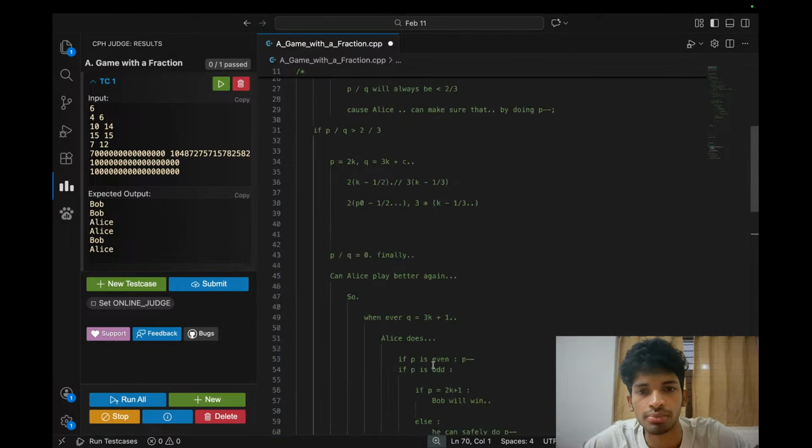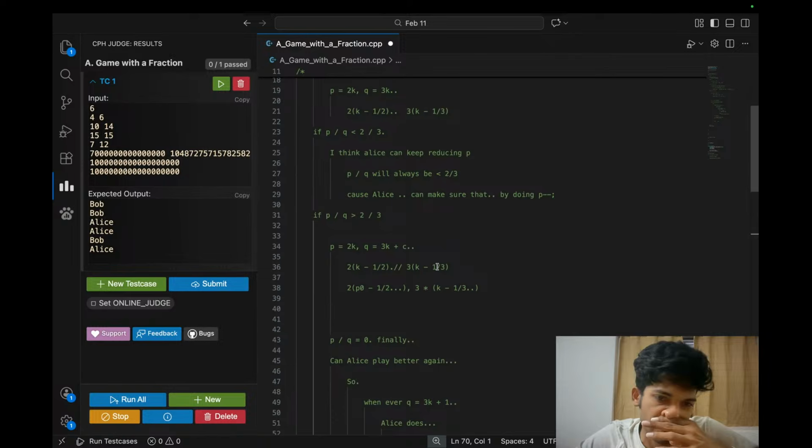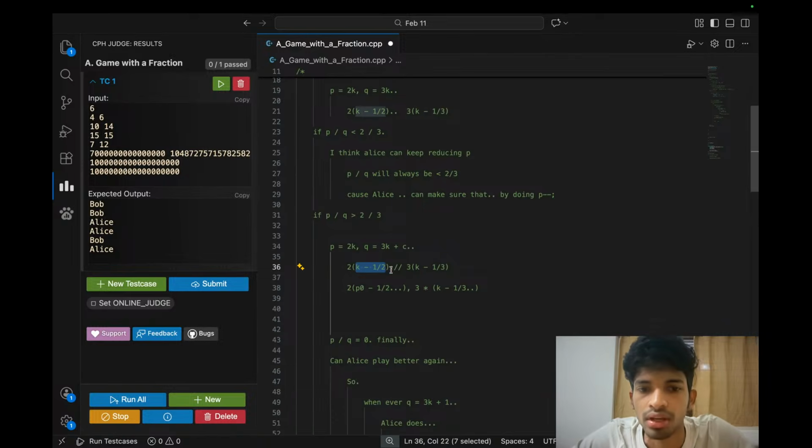So Alice can reduce minus half here, Bob can reduce minus 1 by 3 here. If they keep on going, this value is bigger. Let's say Bob is trying to make this greater than or equal to 2 by 3.